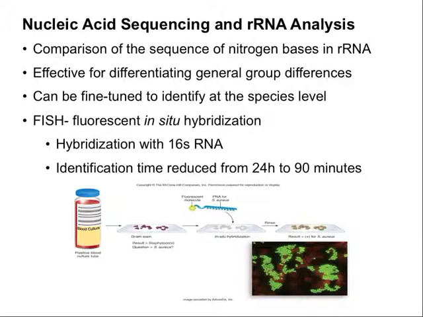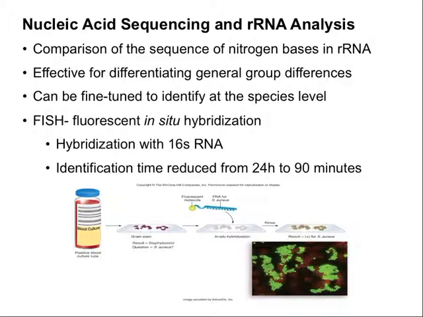Another DNA technology is using nucleic acid sequencing and ribosomal RNA analysis. You'll recall that we've used RNA in ribosomes in order to determine the relatedness of individuals. So most of the RNA in the small subunit of the ribosome is conserved evolutionarily, and this is the portion that allows us to assess the relatedness based on RNA sequences.